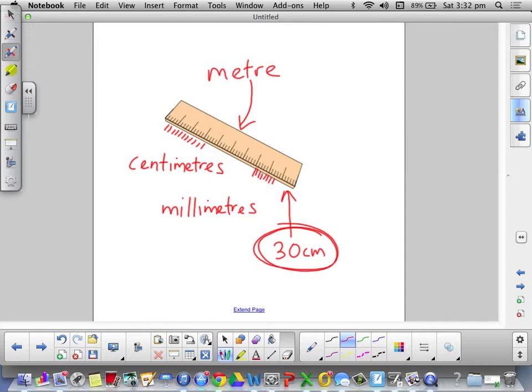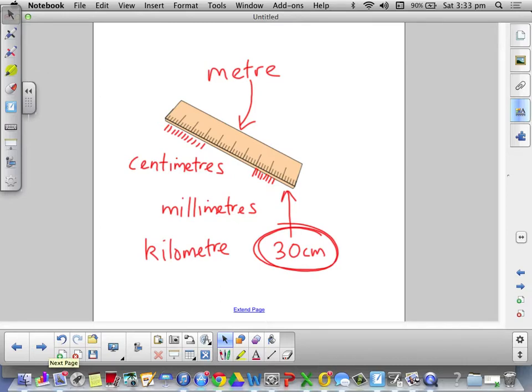But also we're going to look at another measurement of length called a kilometre as well, which is a lot bigger, as you would probably know. Okay, so we need to understand all of these measurements and units of length in Year 5. But we can, of course, go beyond that. We can go into many kilometres.